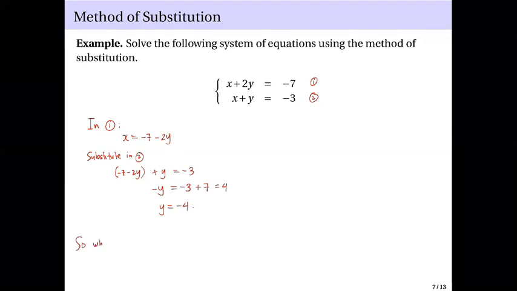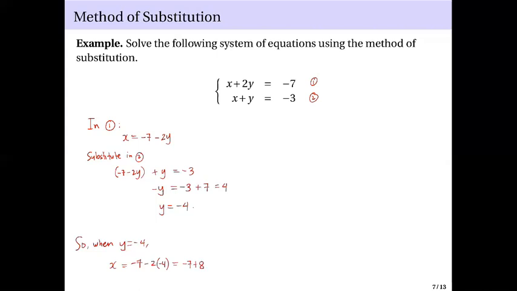So when y equals minus 4, x equals minus 7 minus 2 times minus 4. Correct? So this is equal to minus 7 plus 8.